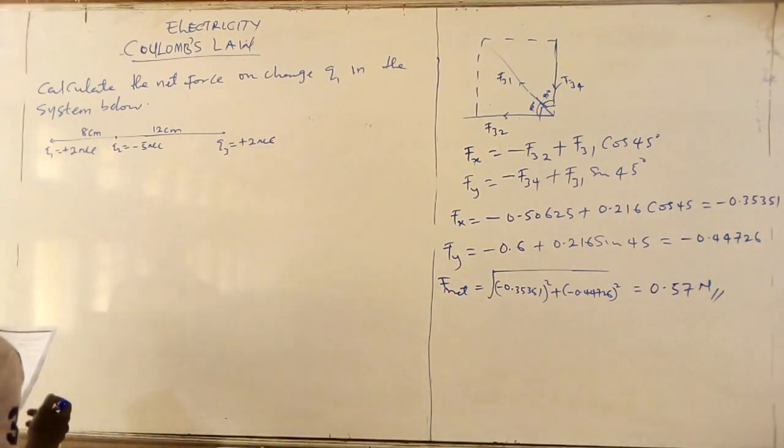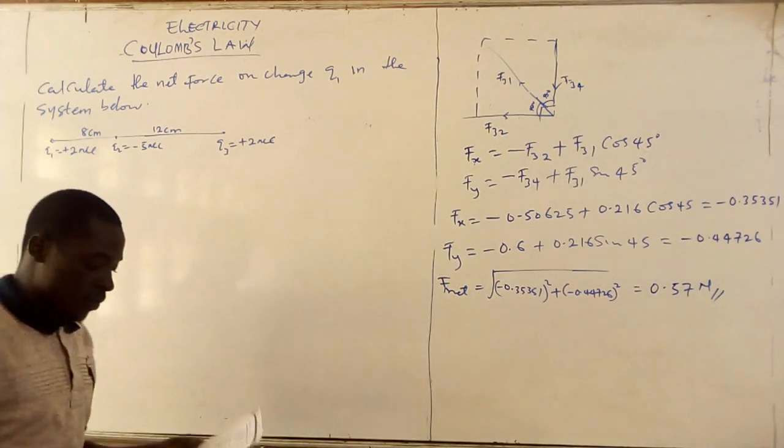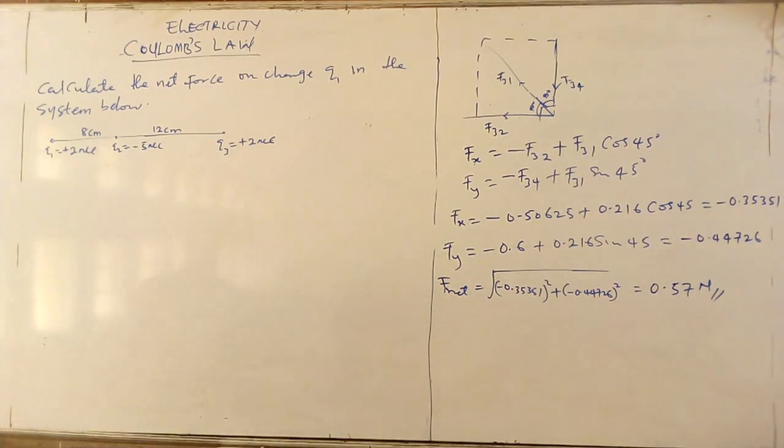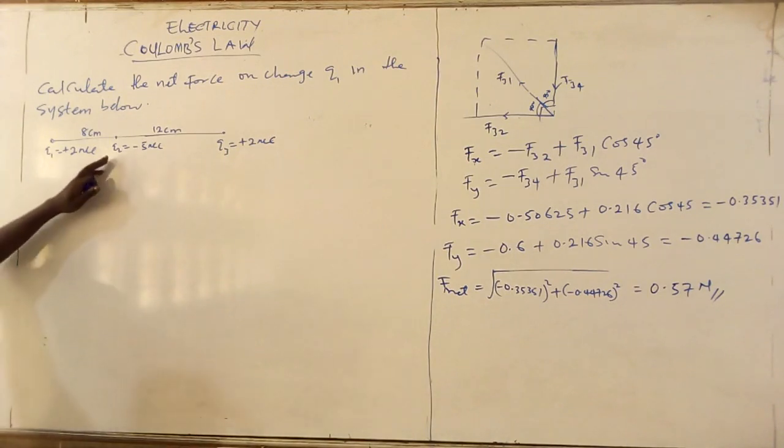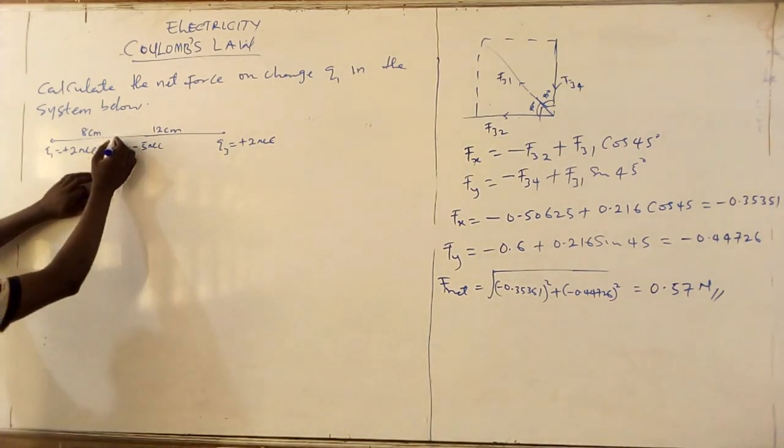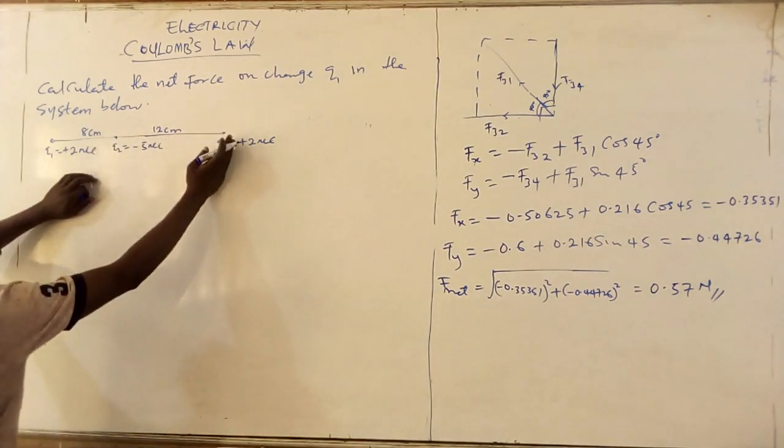So now, what will happen? They say that we should calculate the net force on the charge Q1 in the system below. If you look at this, there will be what? The force between Q2 and Q3.